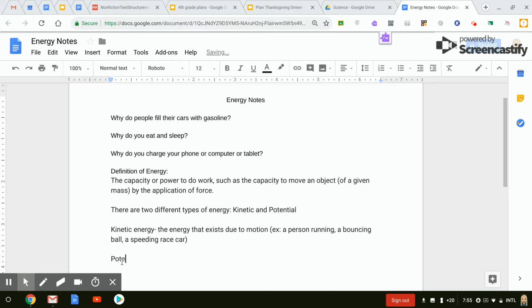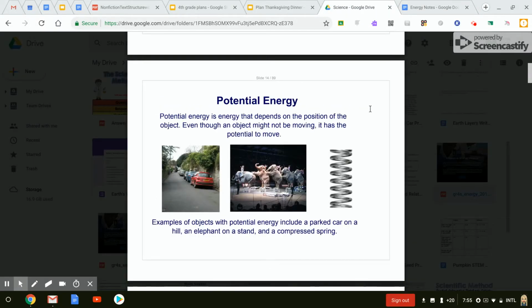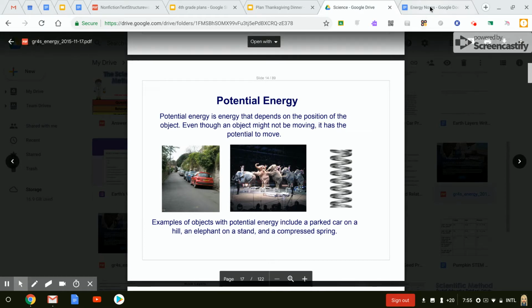Then we have potential energy. Potential energy is the energy that depends on the position of the object. Even though an object might not be moving, it has the potential to move.